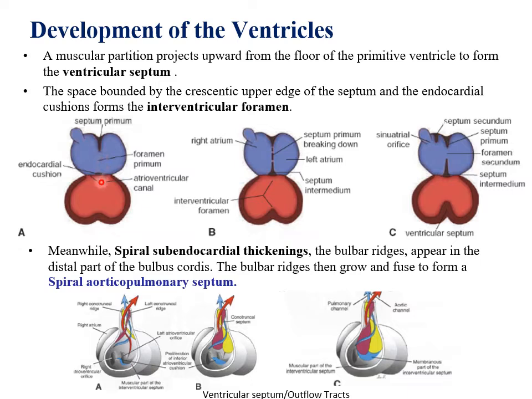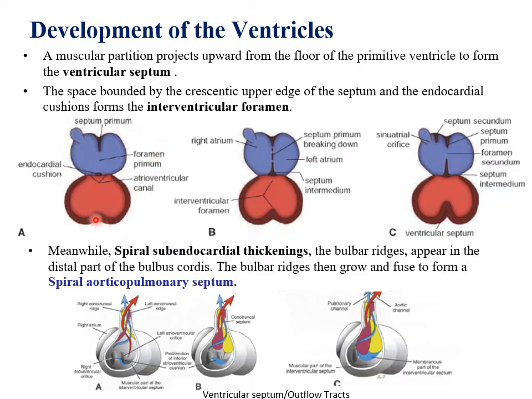Those are the key structures in how the two ventricles develop. Of course, before there will be right and left atrioventricular canals, it is one canal, and how will it be divided?